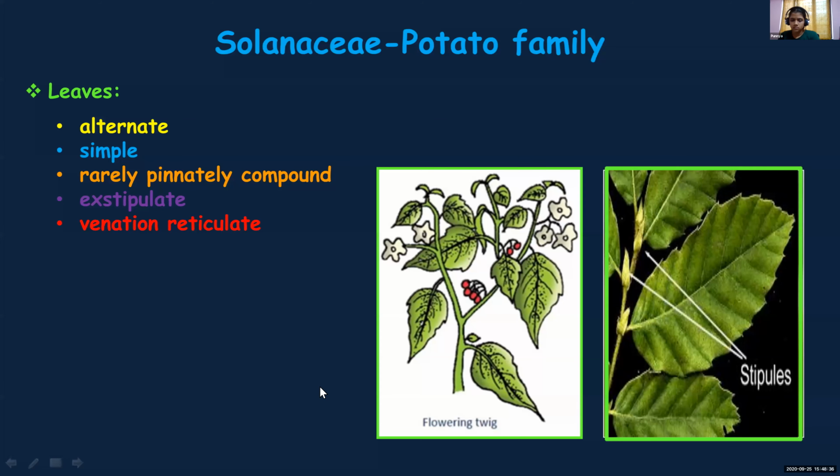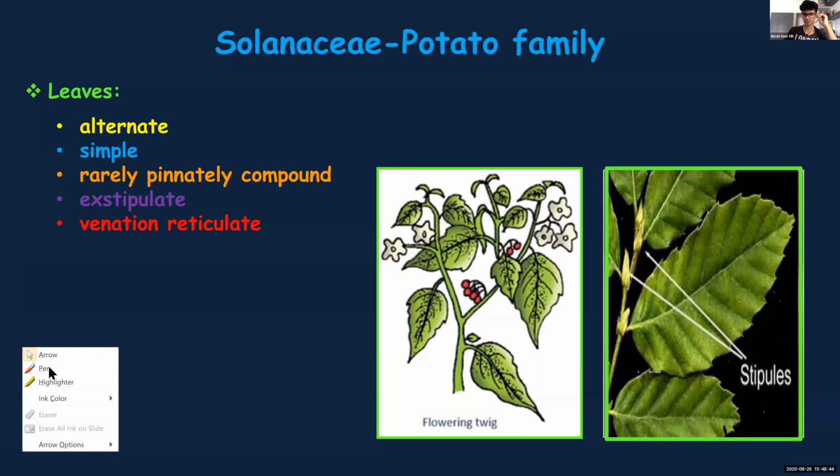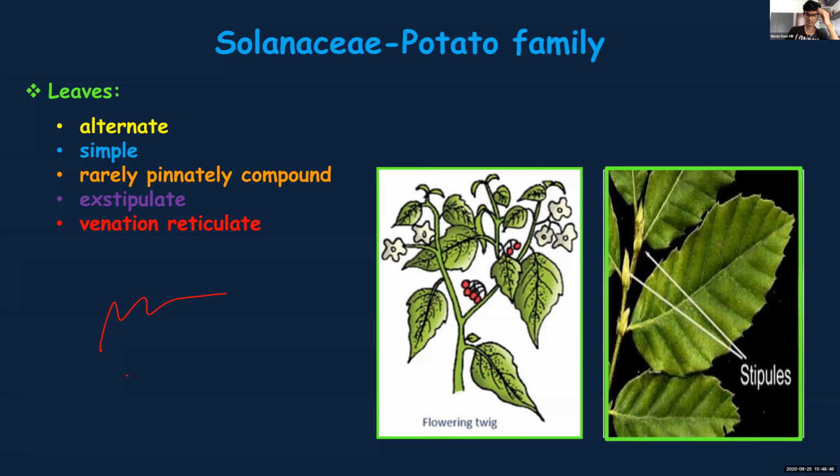When the veins form a network, with a midrib and many branches of it forming a network, you call it reticulate venation.